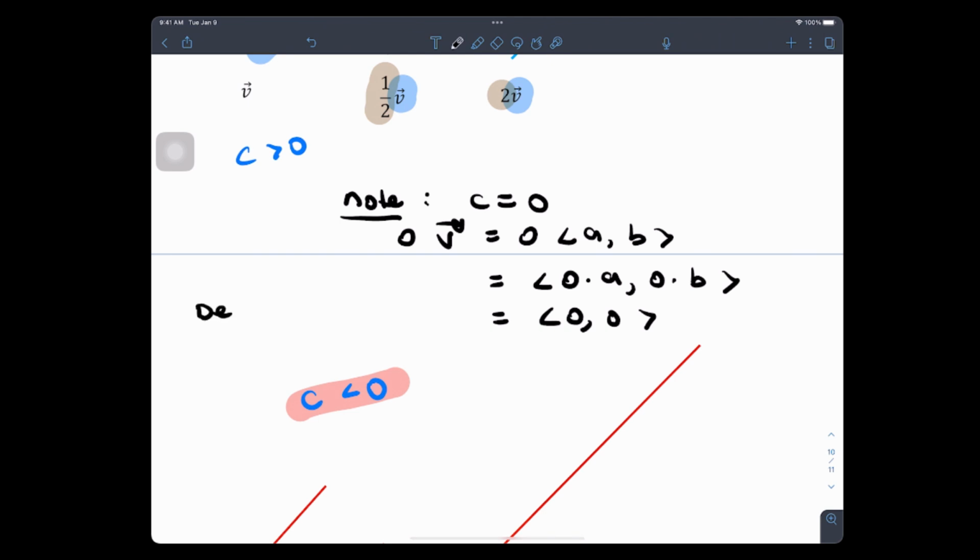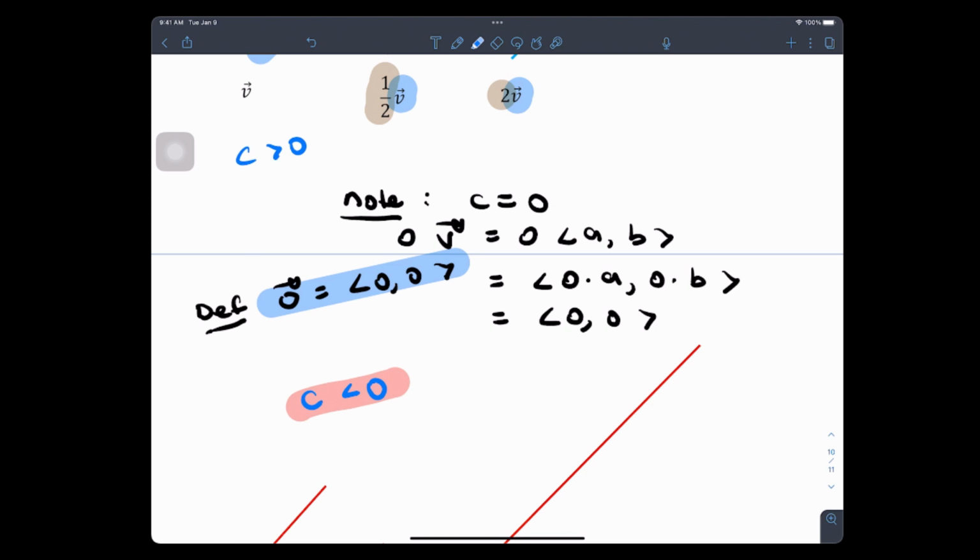So I want you guys to understand this. This is kind of like a very trivial thing, but it's really not so trivial. You do have something called the zero vector. And that's really, the components are both zero. That's a zero vector.